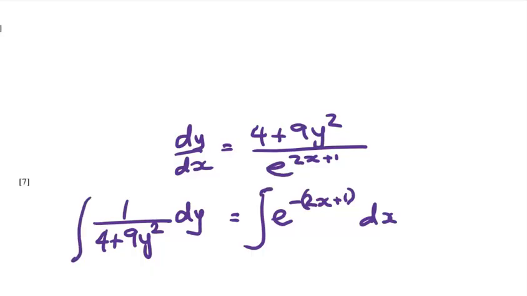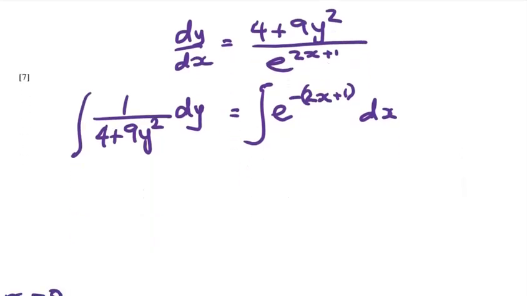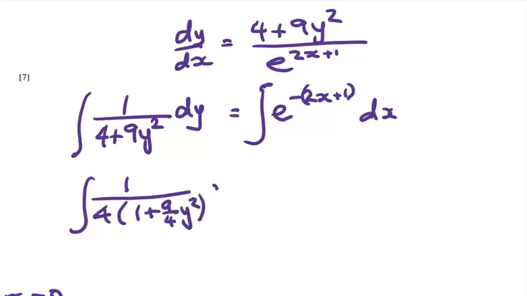I'm going to integrate both sides as usual. Here I'm again going to pull out the 4 to get 1 plus 9 over 4y squared dy, so that I'm setting myself up not to mess up my tan inverse integral.